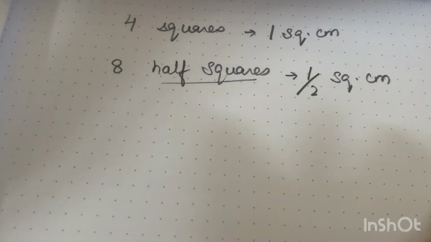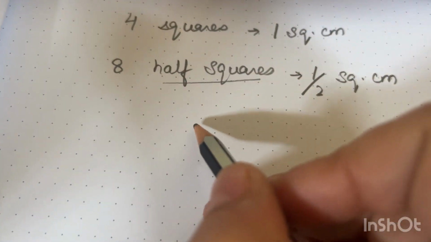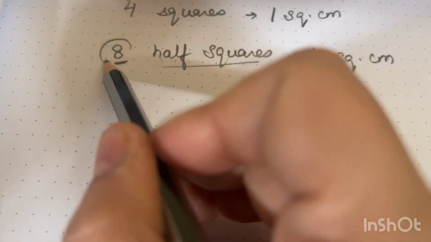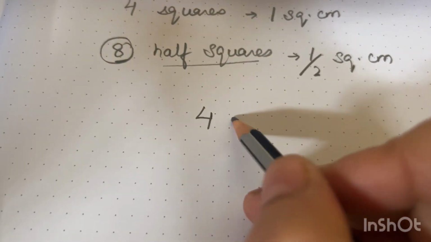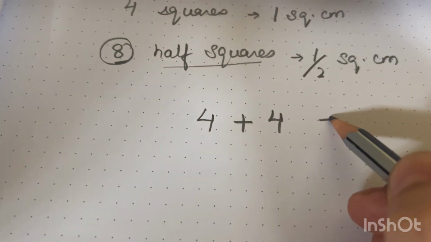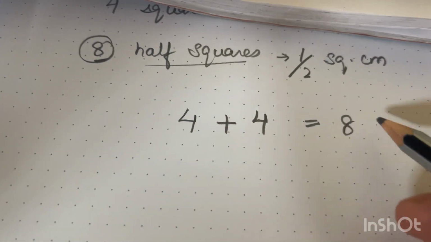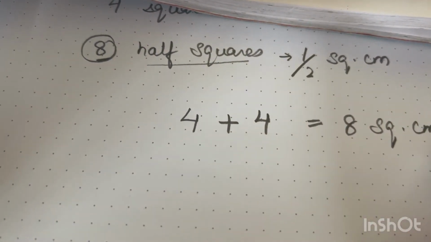The full squares' area will remain the same, 4, and for the half squares we divide 8 by 2, so it becomes 4. So the area of this figure will be 8 square centimeter.